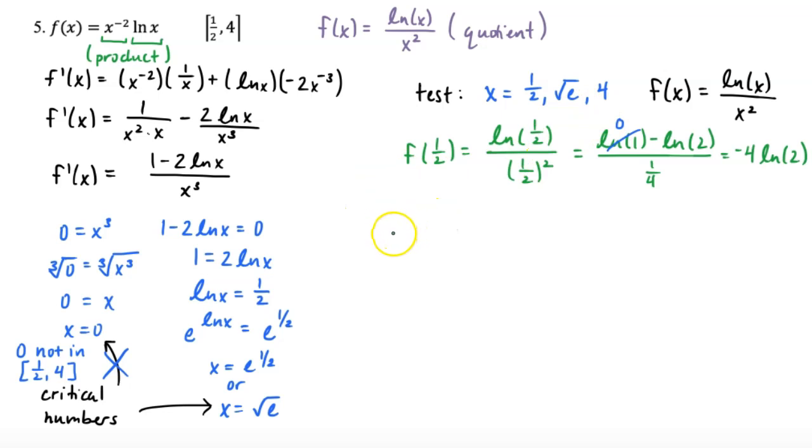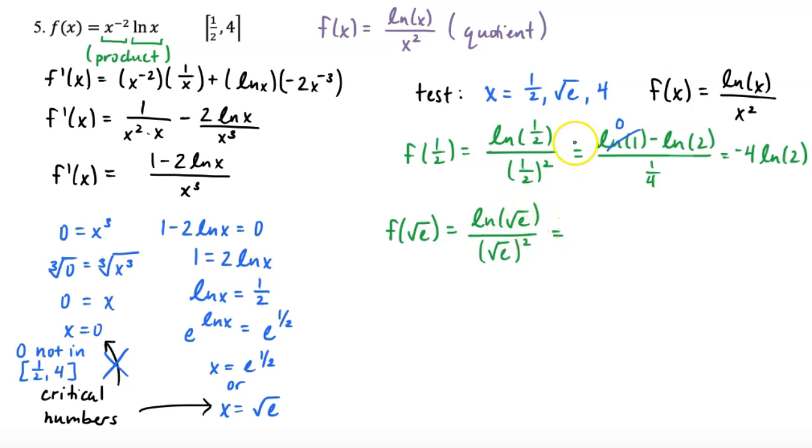Now what about e? So now I want to find f of the square root of e. This is going to be the natural log of the square root of e divided by the square root of e squared. Okay, now I'm guessing that the natural log and e are going to cancel out somehow, but I want to know what I need to do about this square root.